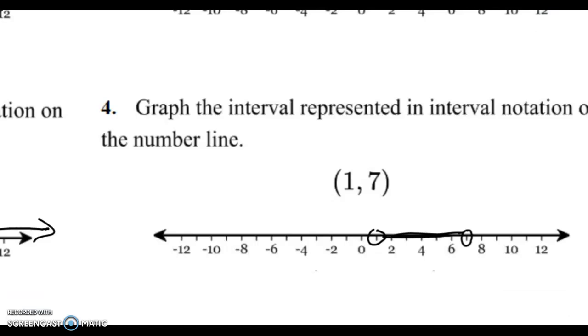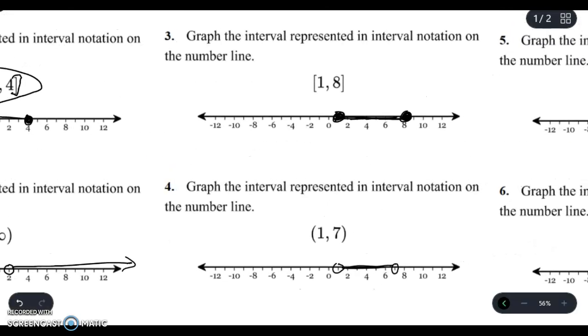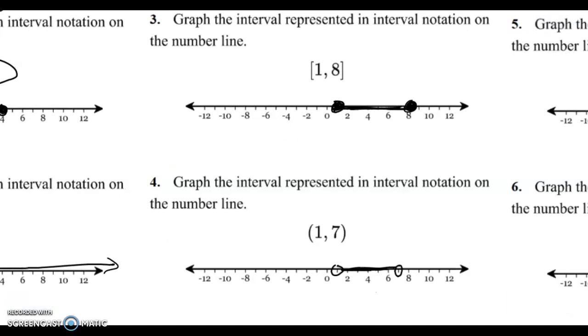So it's going from 1 to 7. Since they're both open circles, because of the parentheses, we leave the circles open. If one was a bracket, you would close it in and so forth. So that's one where it's a conjunction when they go inward.